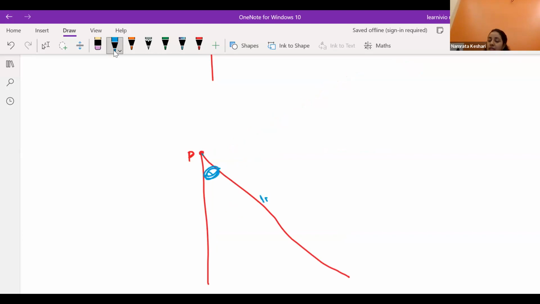This is the line of sight, and the horizontal is this one. Through P only you have to draw one horizontal, and then only you can mark one angle. We are talking about this angle. This angle is the angle of depression with the horizontal. Through the same point from where we are looking, you have to draw the horizontal line. Are you getting it?